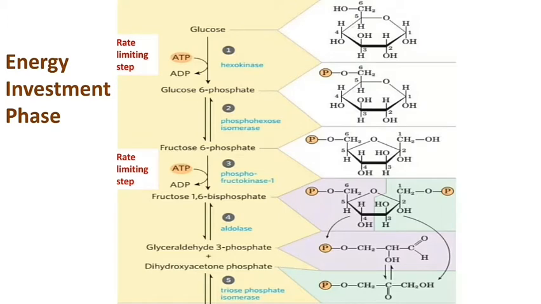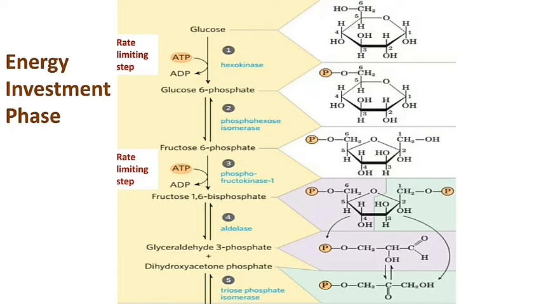Now glycolysis consists of two phases. The first phase is the energy investment phase, where there is involvement of energy or ATP. At first the glucose molecule enters the cytosol and is converted to glucose 6-phosphate, that is, phosphorylation of the glucose molecule by the enzyme hexokinase. Hexo means 6.